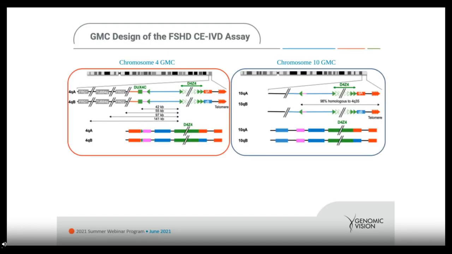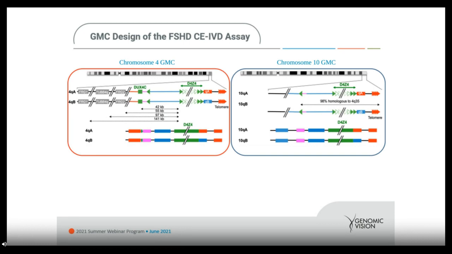So looking carefully at how these GMC are designed, we can see that we designed probes for chromosome 4 and chromosome 10. We decided to take upstream of the D4Z4, and we created a pattern of colors, in this case red, green, magenta, blue for chromosome 4.